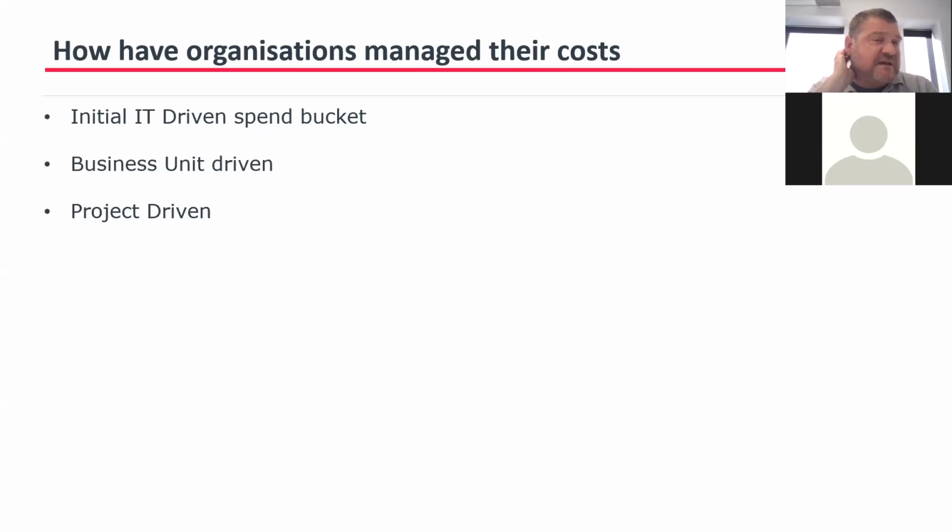The third way is project driven. The traditional way, a CapEx driven thing, is a project where a certain percentage of the project goes into the data delivery side of things. With the modern data platform, it's really more of an OpEx play long term. These things go from a CapEx when they're delivering through to an OpEx.